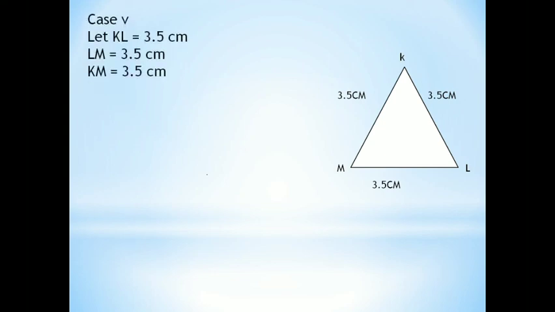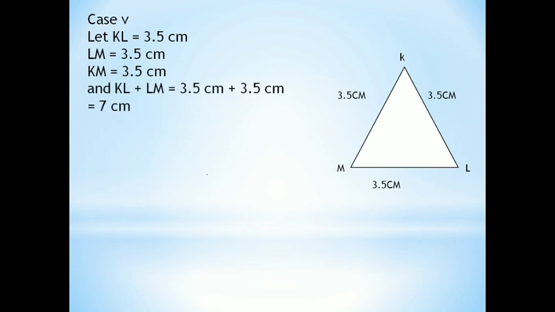Now last but not the least, the fifth example. This is the triangle named KML. You can see KM is 3.5 centimeter, KL is 3.5 centimeter and ML is also 3.5 centimeter. That means the measurements of all three sides are equal.